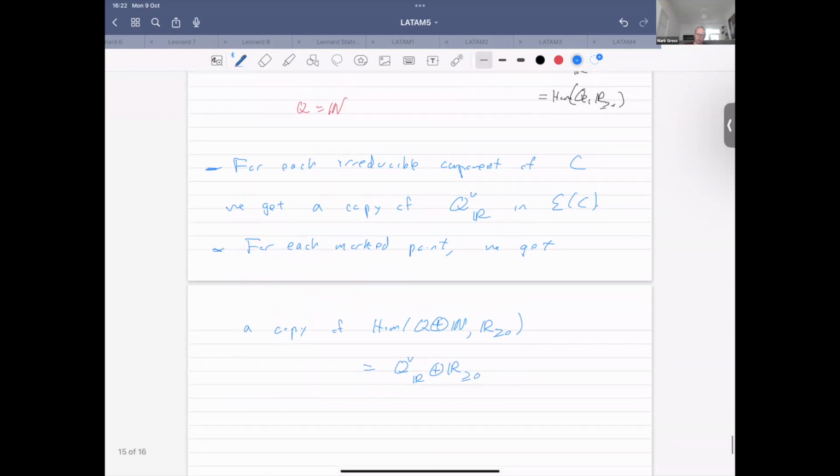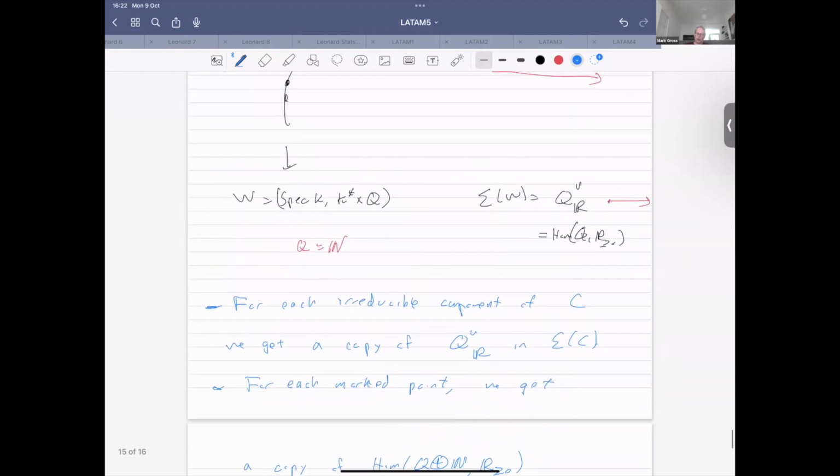So we just get this extra one-dimensional factor.